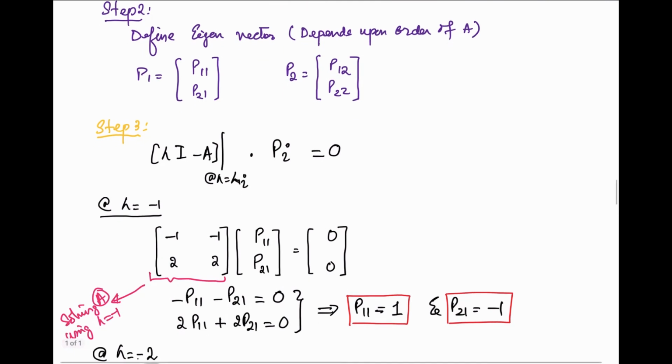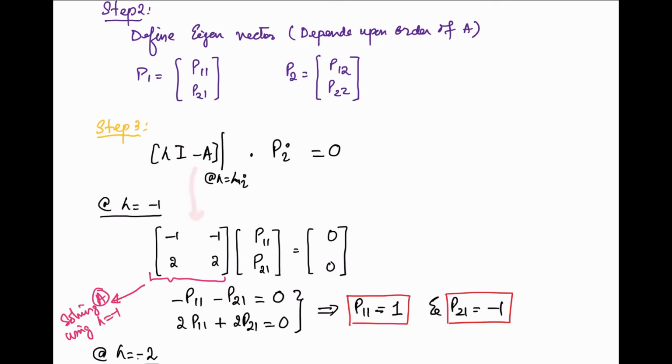For this eigenvalue, that is minus 1, we need to evaluate the characteristic equation at this particular value of the eigenvalue.